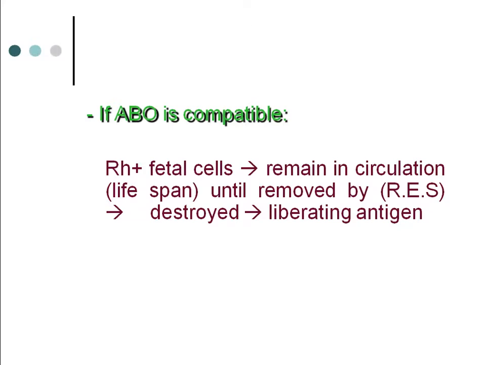So say this Rh positive fetal cell goes into the mother's circulation, and if they are of a different group, the mother's reticuloendothelial system destroys these RBCs. And so they are not able to act as an antigen for quite some time.